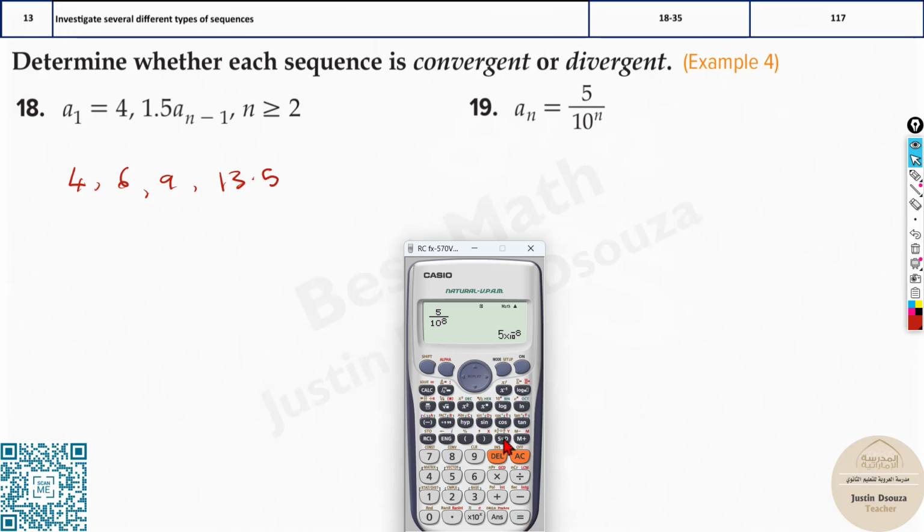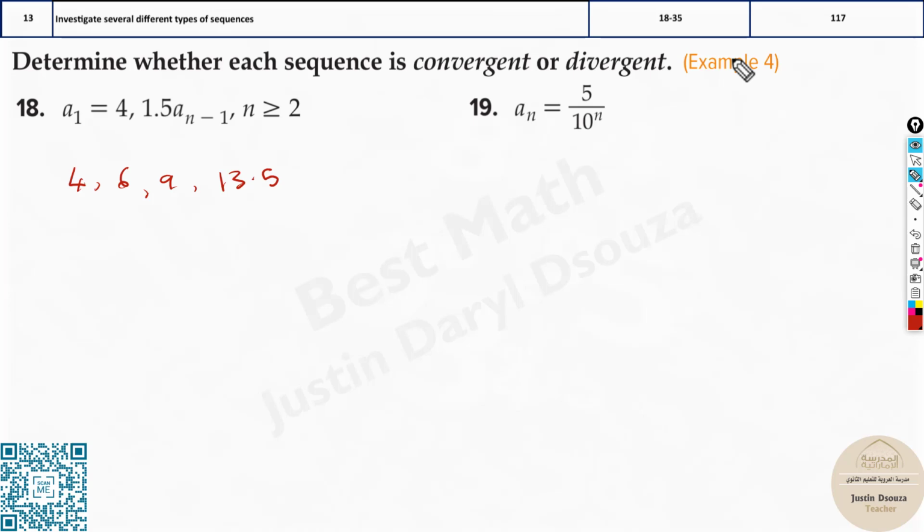It's 0.0005. If you plot this, you will see it starts at 0.5. It's converging towards 0. The values will be 0.5, 0.05, 0.005, and it is going towards 0. It's converging towards 0, so we can call this convergent.